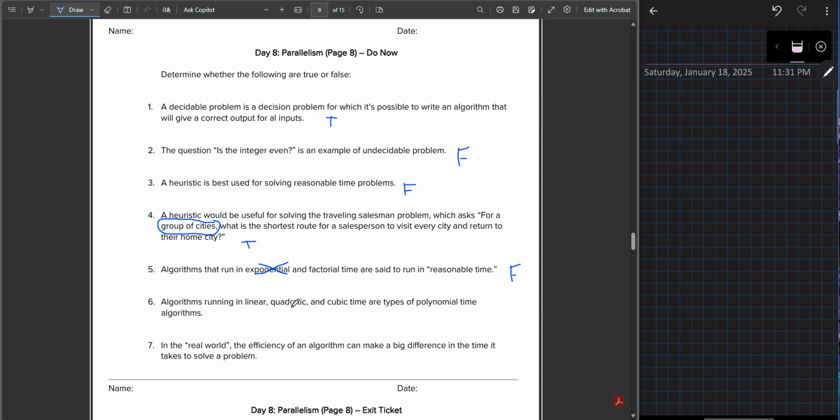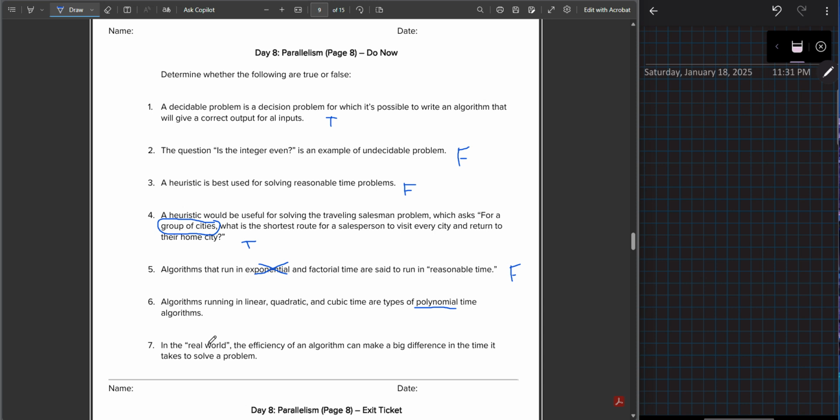Algorithms running in linear, quadratic, and cubic times are types of polynomial time algorithms. Remember, polynomial is exponent. Linear is just a number, so you could think of the number as x.